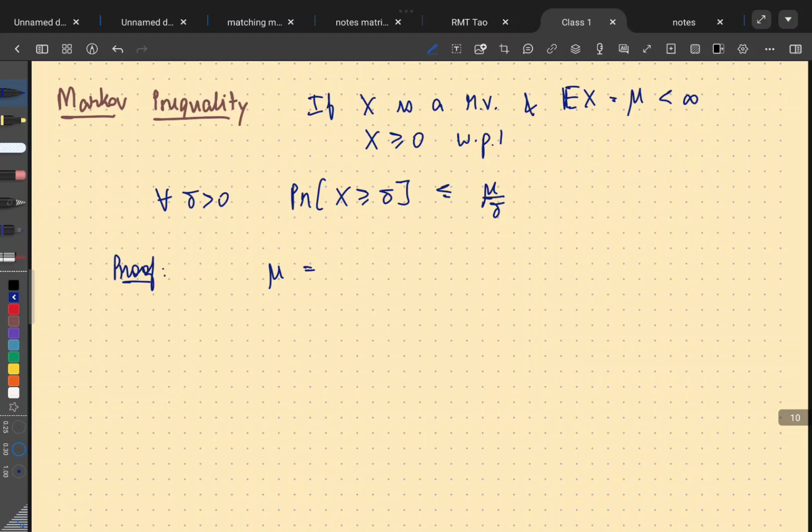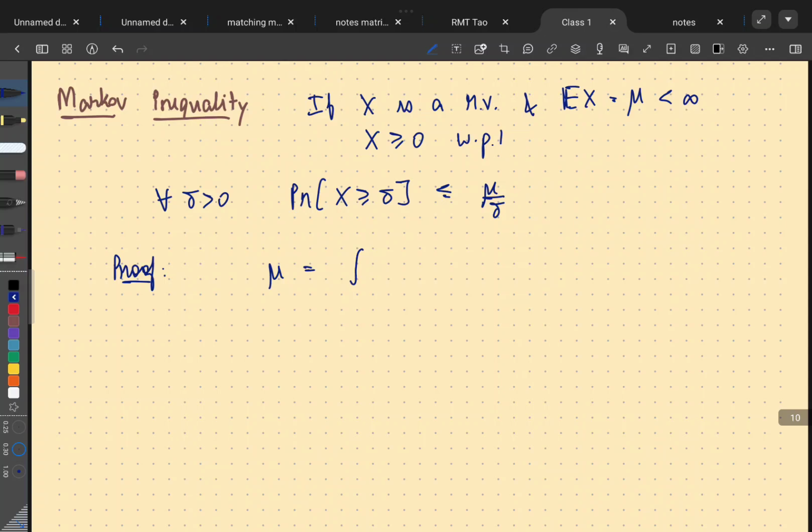What is the mean mu equal to? I can simplify it much further, because what are the assumptions on x? X is non-negative, so the range is only from 0 to possibly all the way up to infinity.